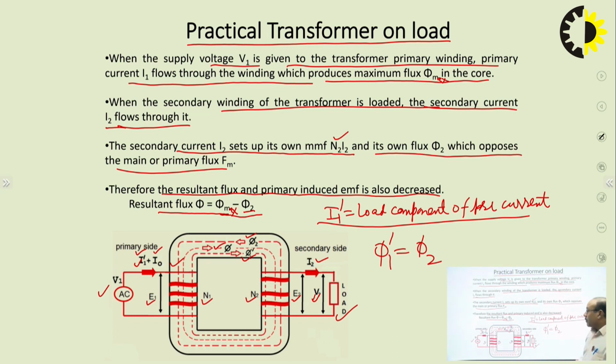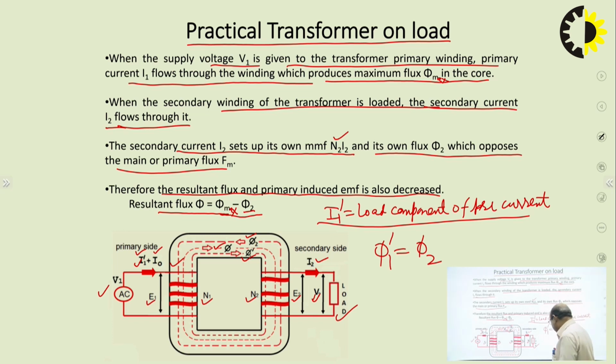If there is no load impedance connected at the secondary side, or in other words the secondary side is open circuit, that is no load, then the primary side will not take any load component of current. Only the no load primary current will be there in the primary side when the secondary side is open circuit or in no load condition.